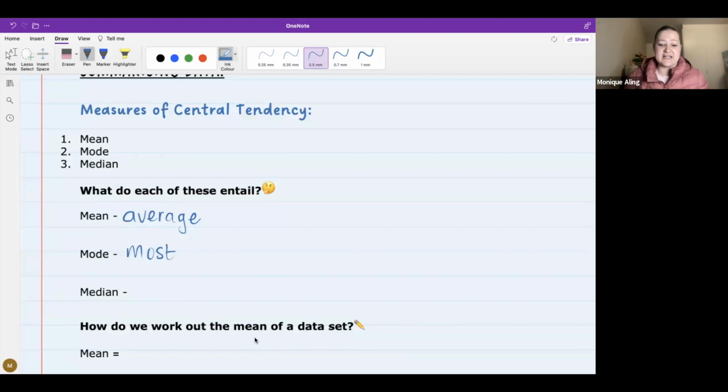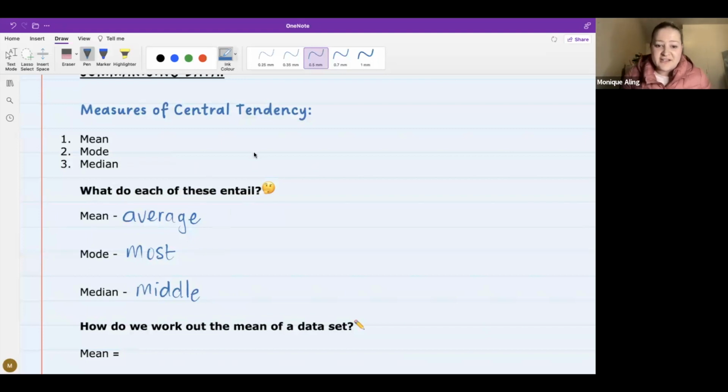And then median. Good, middle number. But remember, we have to first put all the numbers in order before we can find the middle number. The order doesn't matter for the mode and the mean, but with the median, it has to be in ascending order before we can find the middle number.